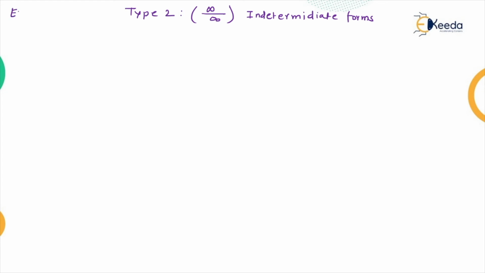Examples on the type number two, infinity by infinity, as this is an indeterminate form. In this type we have to solve infinity by infinity indeterminate forms, so we have to use L'Hospital rule, guys. When your limit takes the form infinity upon infinity, then we use the L'Hospital rule.